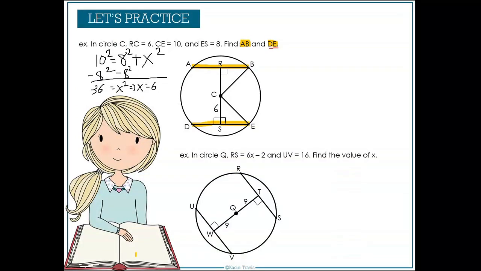Okay. Next one. We got us a little bit of algebra to go through. So this circle says RS here is 6x minus 2. And UV down here is 16. They want us to find the value of x. They did a little bit more of the hard work for us. They told us that these chords here, UV and RS, are both the same distance away from the center.